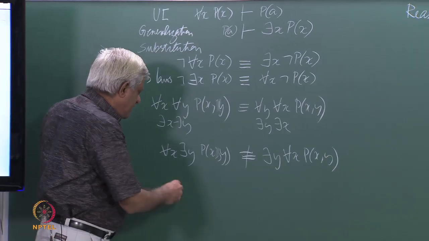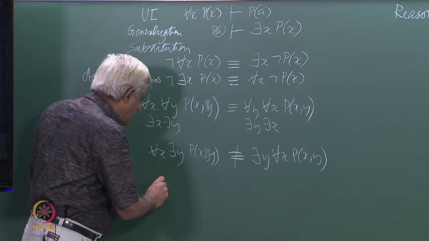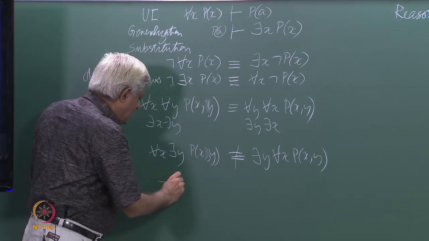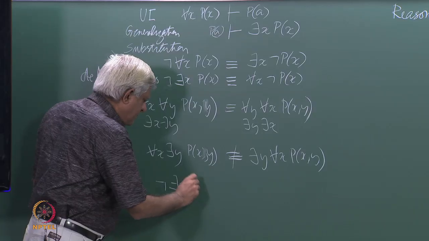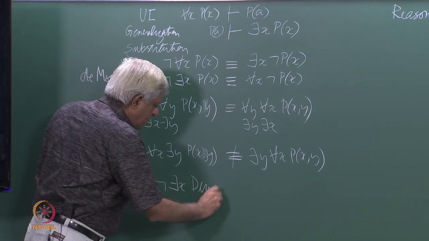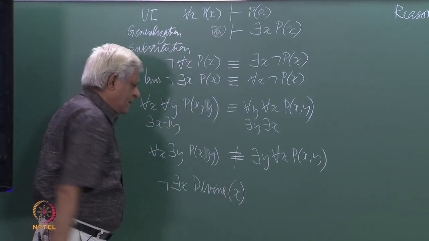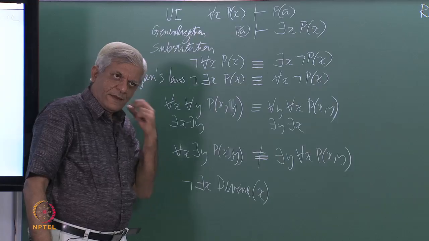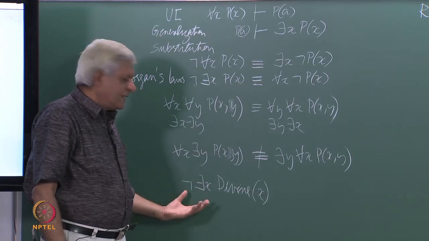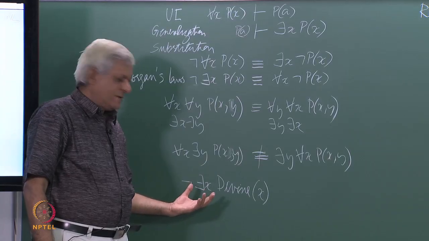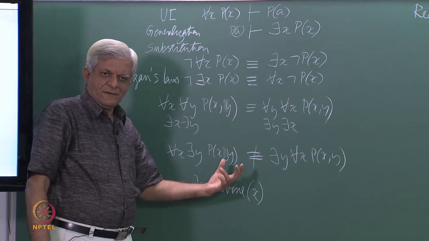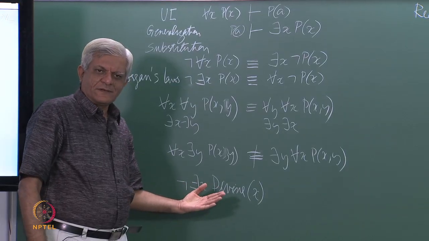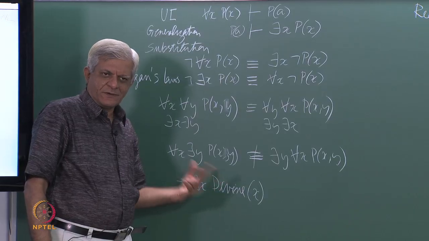So, for example, let us say we are talking about people, and I make a statement saying that there does not exist an x who is divine essentially. What is the nature of this variable x? Is it an existential variable or is it a universal variable?